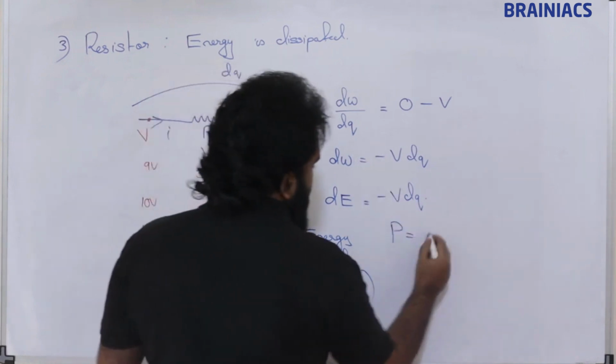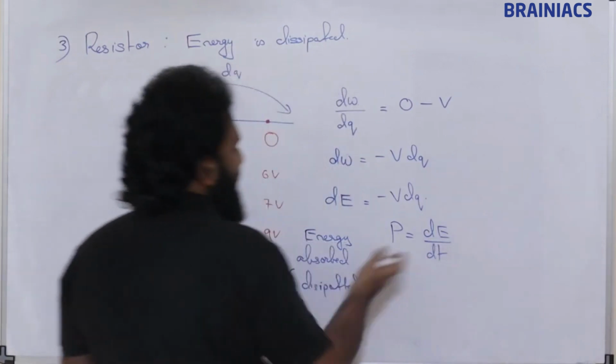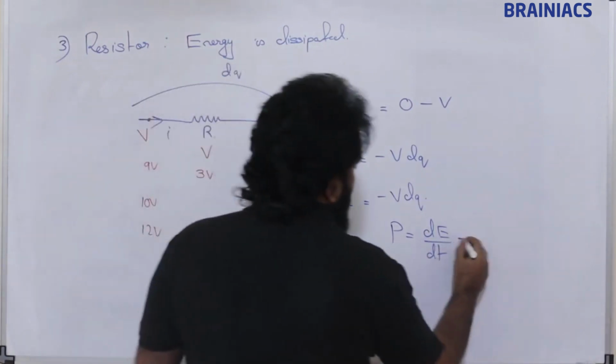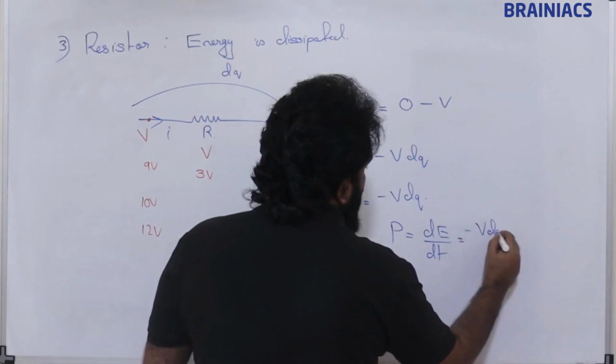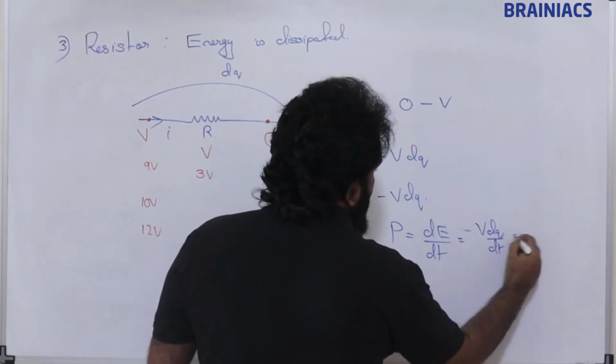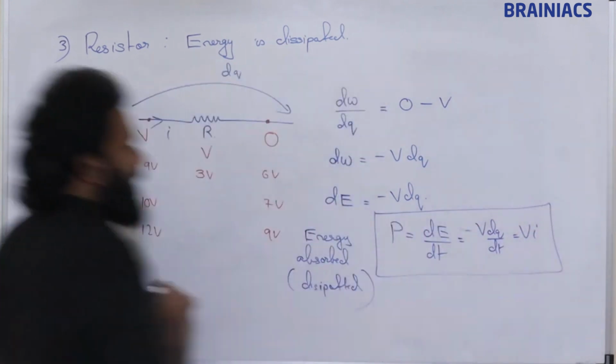Power is nothing but dE by dt, the rate of energy, so minus V dq by dt, we get Vi. Clear? Note it down.